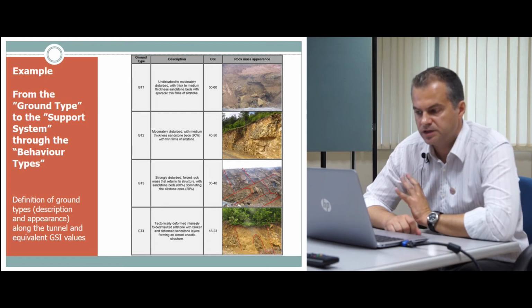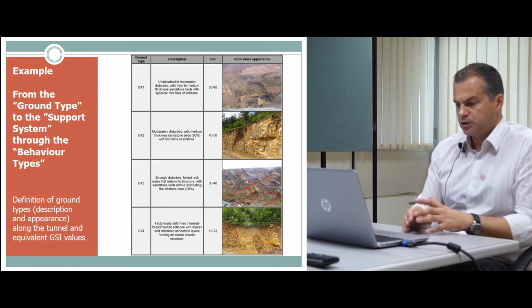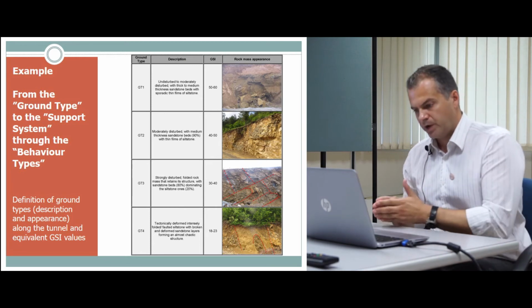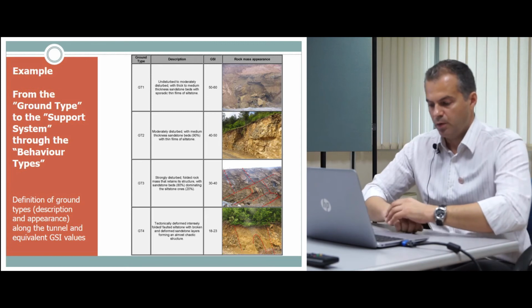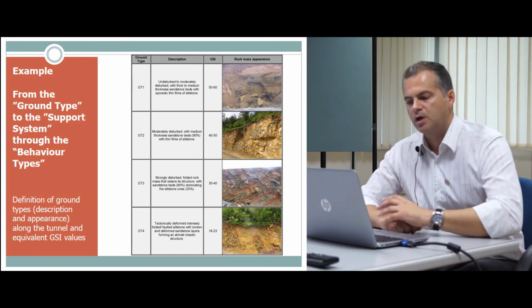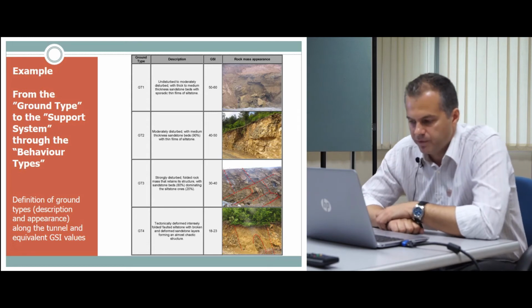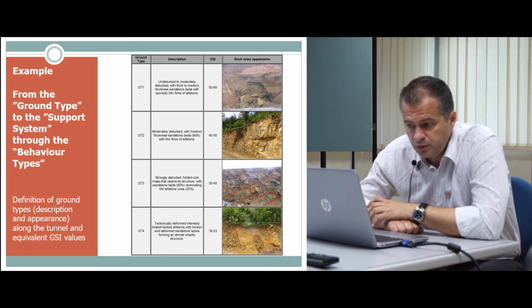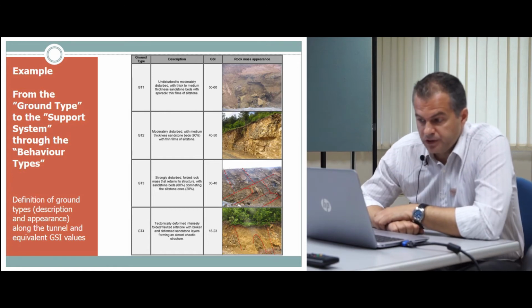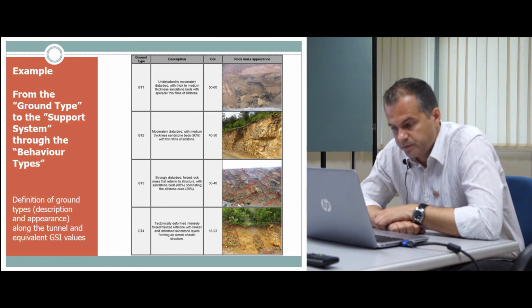Here GSI is just used for the classification and not as a number for the calculation of anything. We will see that in the next steps if we use some values for the analysis and numerical analysis of the tunnel support. For ground type 2, we have moderately disturbed medium thickness sandstone beds with thin films of siltstone.